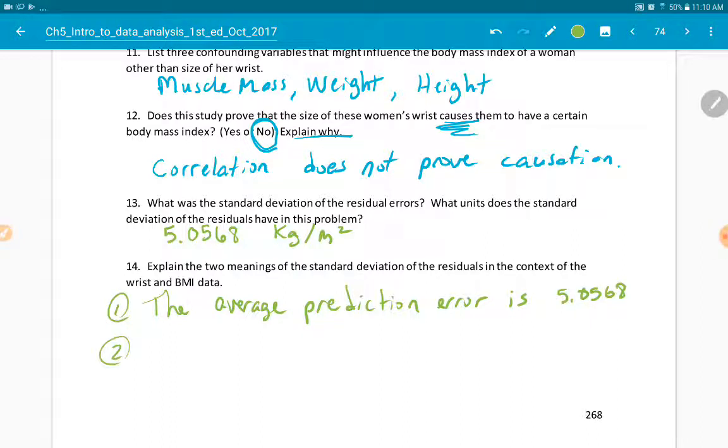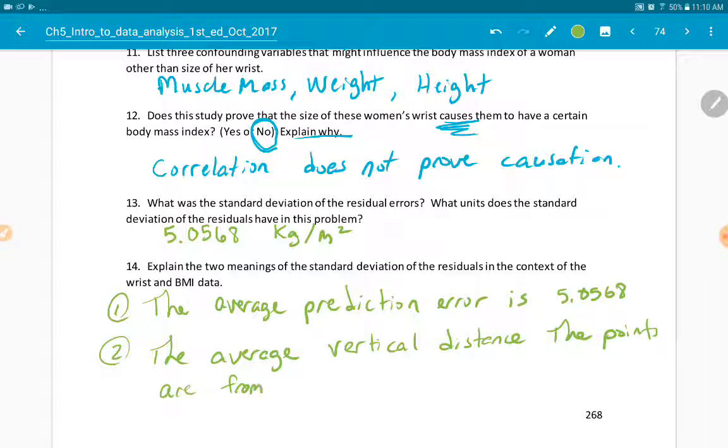And the second one is the average vertical distance the points are from the regression line is 5.0568 kilograms per meter squared.